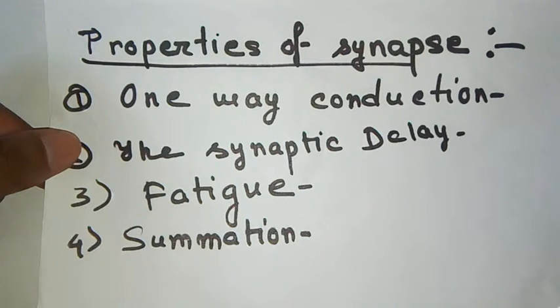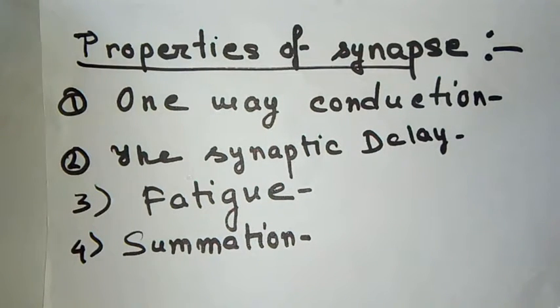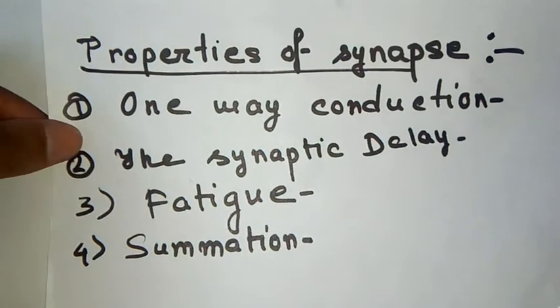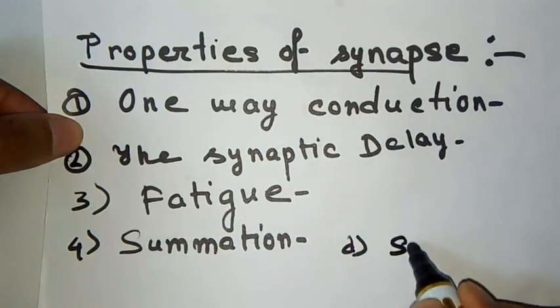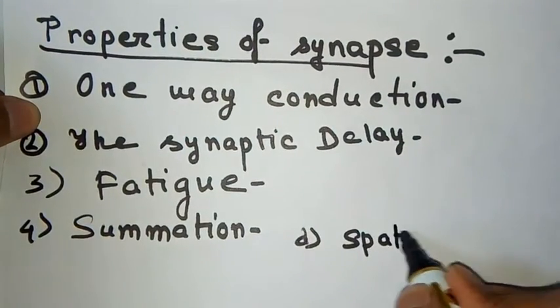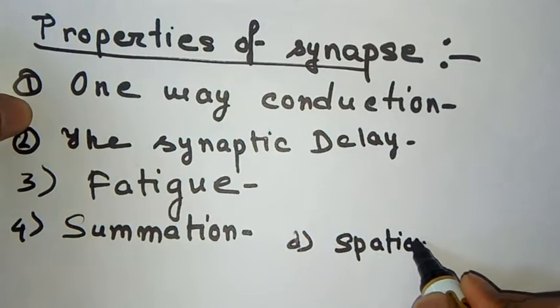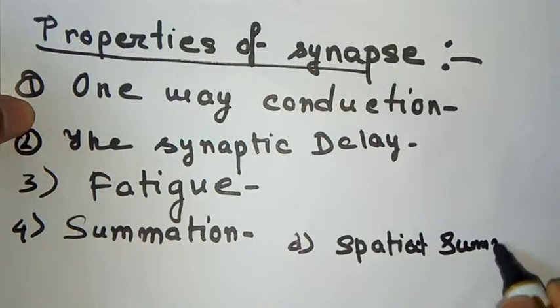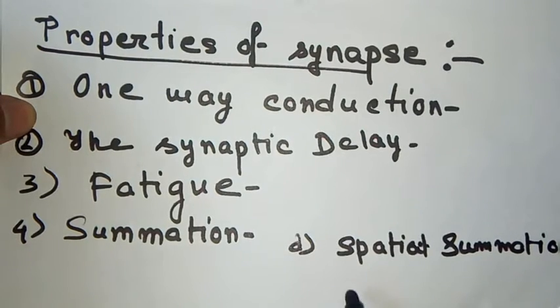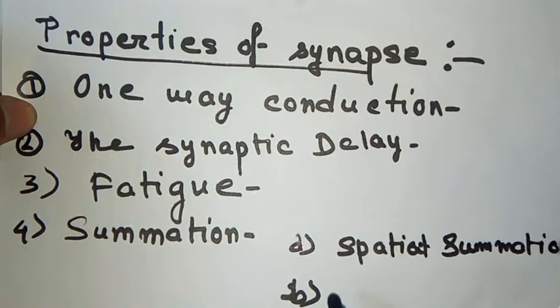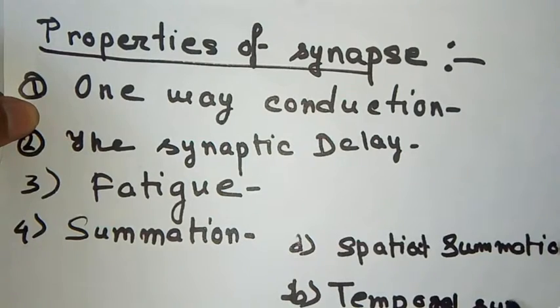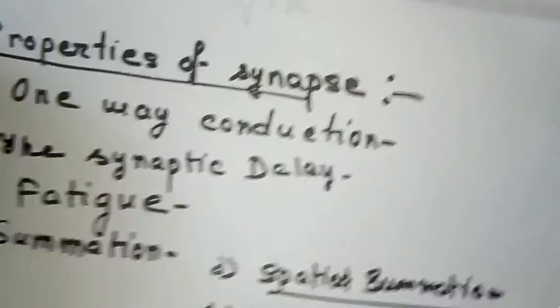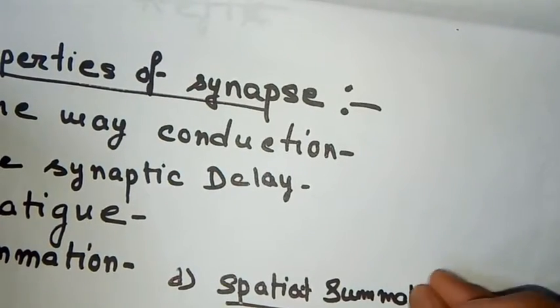Spatial summation occurs when many presynaptic terminals are stimulated simultaneously, and temporal summation occurs when one presynaptic terminal is stimulated repeatedly.